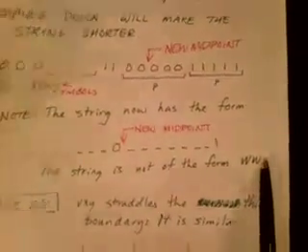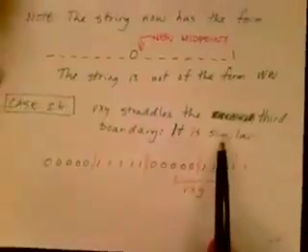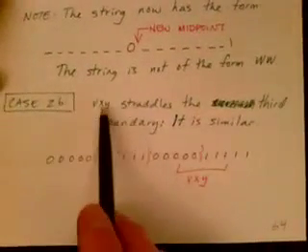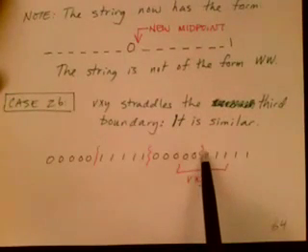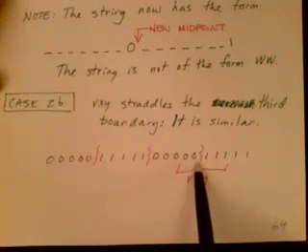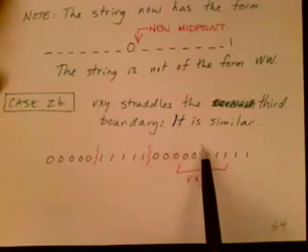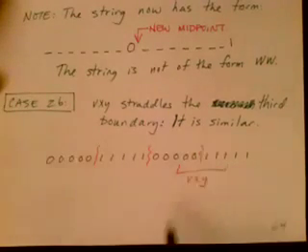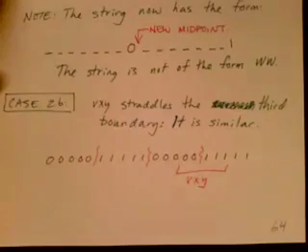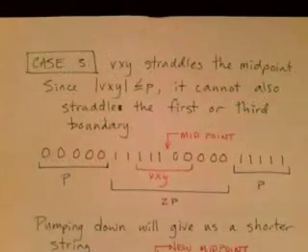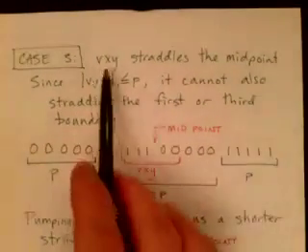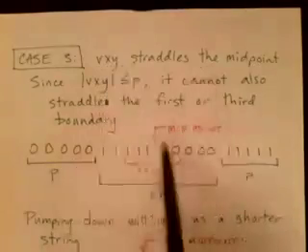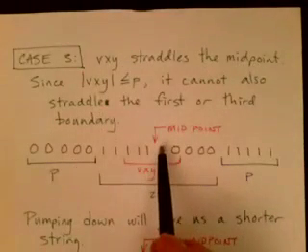The next case to consider I'll call 2b because it's very similar. Vxy straddles the third boundary. We can make a very similar argument that if we pump down, the string that we get is not in the language, and therefore the pumping property doesn't work for that case either. The last case to consider is that Vxy straddles the midpoint of our sample string.